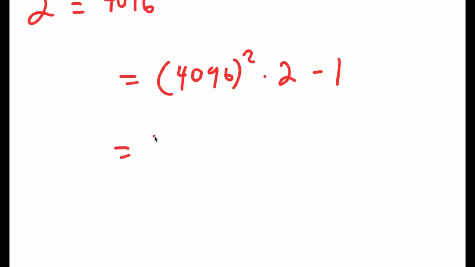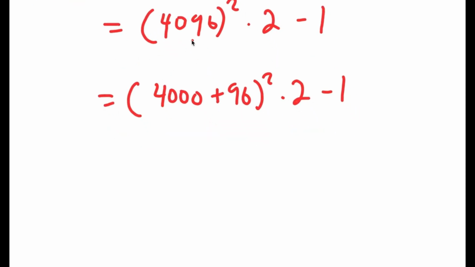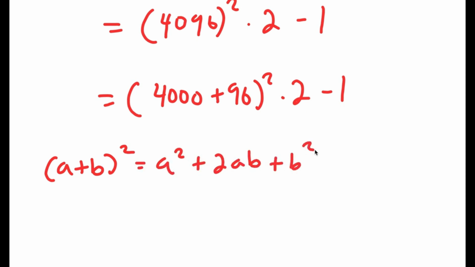Now I'm going to simplify this: (4,000 plus 96) squared times 2 minus 1. The reason I'm doing this is because 4096 squared is really hard to calculate by itself. So if we change it to 4000 plus 96 squared, I can use the property a plus b squared is equal to a squared plus 2ab plus b squared.